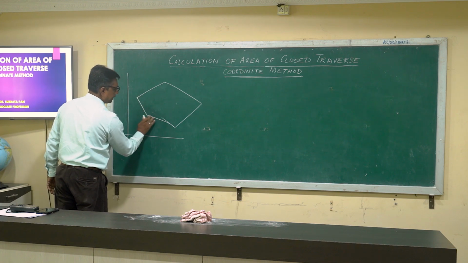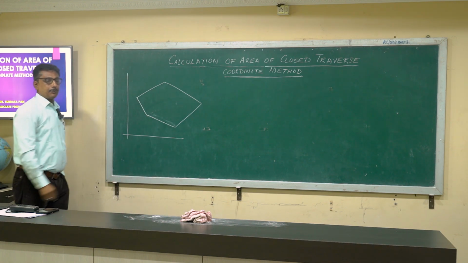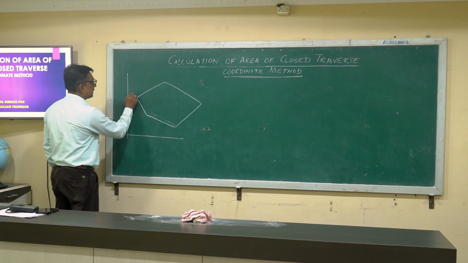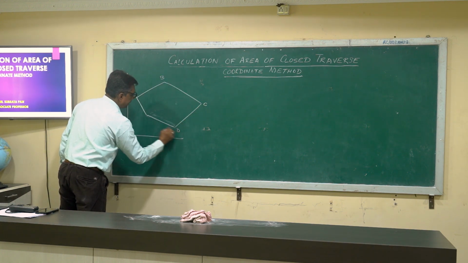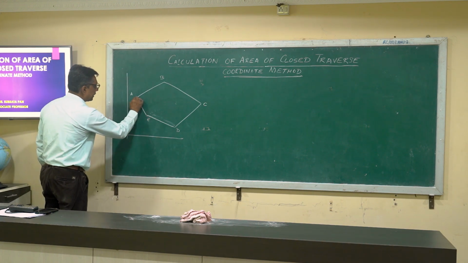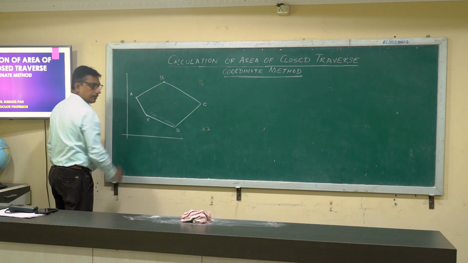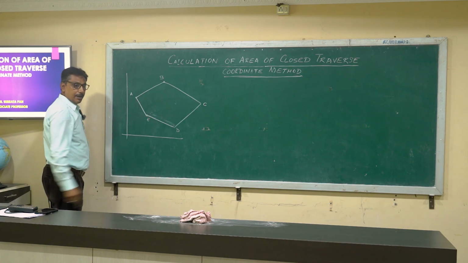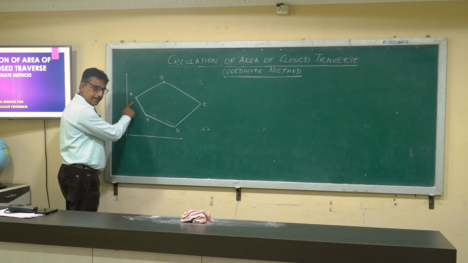Suppose this is a hypothetical closed traverse. This is again A, B, C, D, and this is E. Now here, as you know, these are all the points for which you have already recorded your data in the GNSS device.